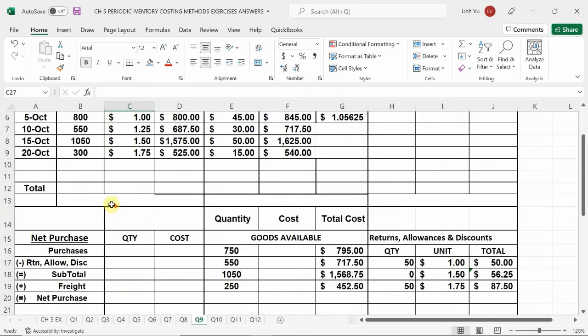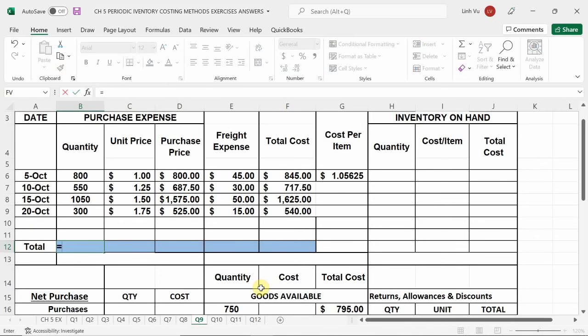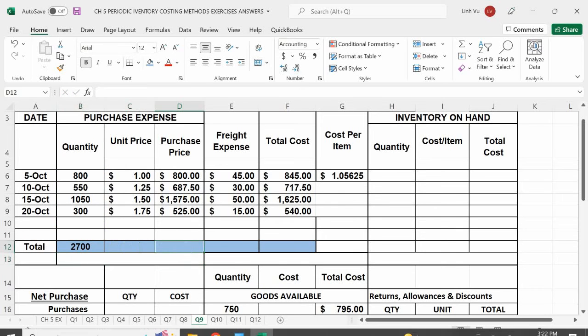So this is where, once again, I now need to solve for my total amounts here, okay? So what is my total purchases? How many items did I buy for the month of October? 2,700. We purchased 2,700, okay?